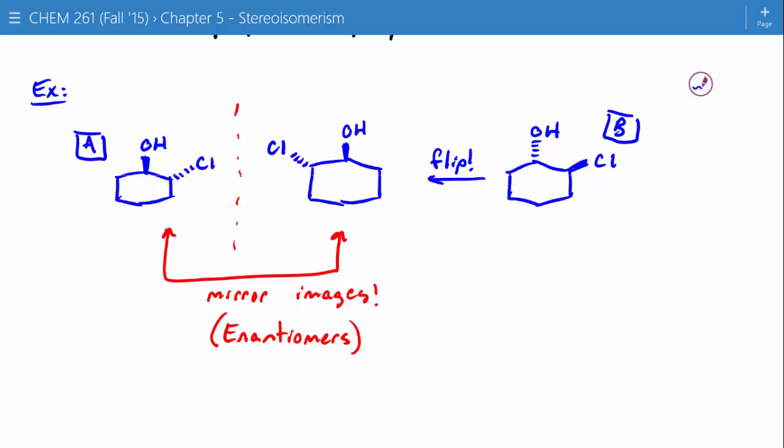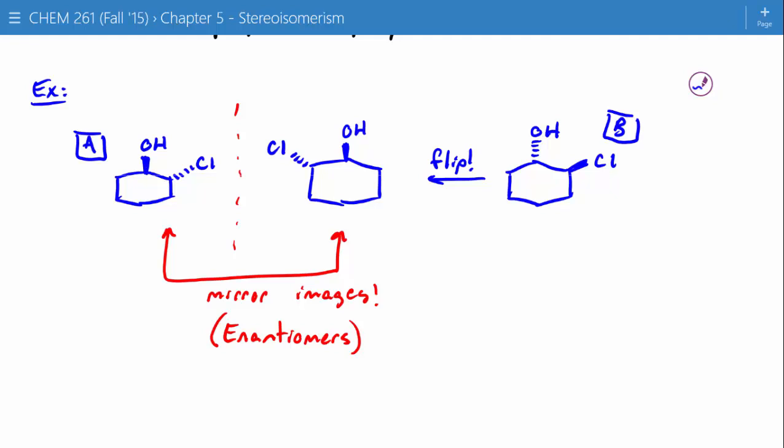So they're mirror images of one another, but they're non-superimposable mirror images. So A and B are still considered enantiomers. All we did with B was we flipped it over like a pancake to see if it truly was a mirror image.